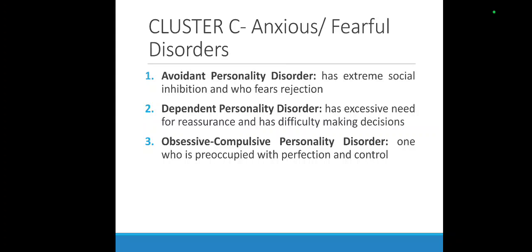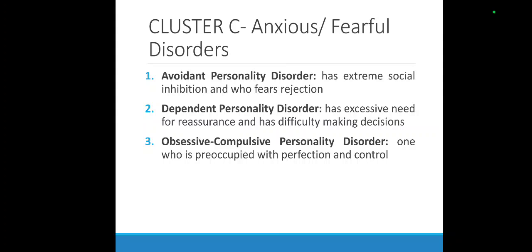Okay, and for cluster C of personality disorder, one who is preoccupied with perfection and control. Okay, so the personality of those people who like to control other people, who like to be perfect. Okay, they have this obsession of perfecting everything that they do.